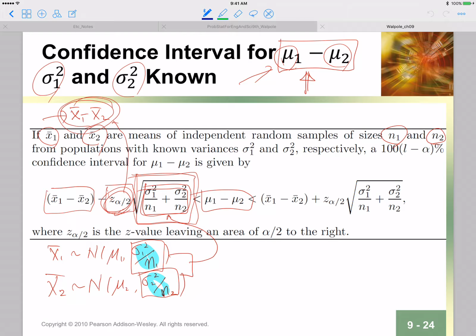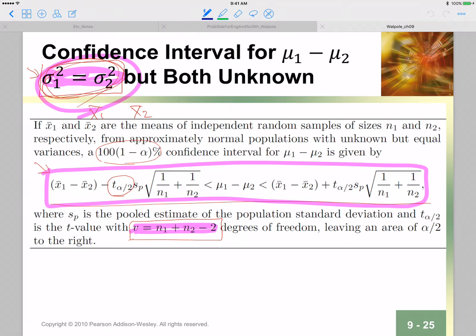Depending on whether their variances are known or unknown, but still assumed to be the same, we consider this interval estimate for the difference between the means of these two populations, which is just mu1 minus mu2.